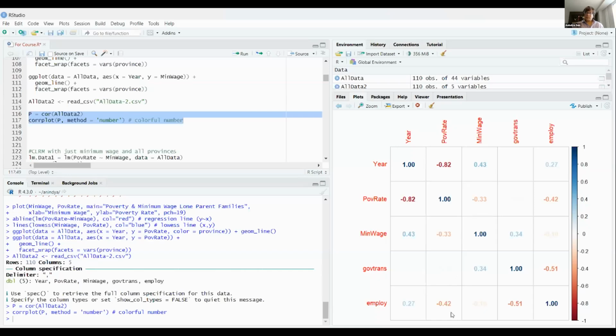But when you look at employment rates, it's not bad, negative 0.42. So before you go on to any regression analysis, this type of visual gives you an idea of which variables might be important, even before you start your regression analysis. And it's so easy to see that in this visually appealing manner.